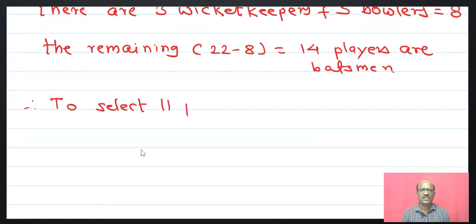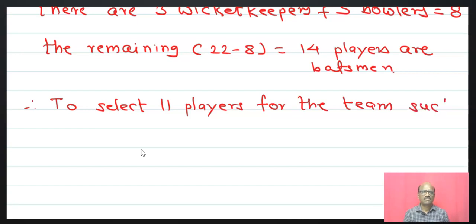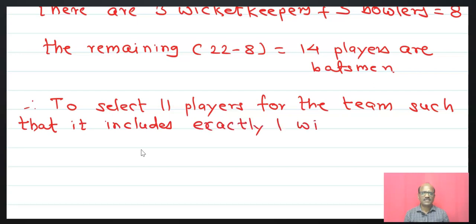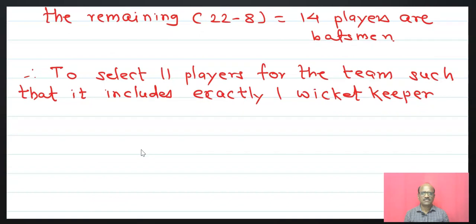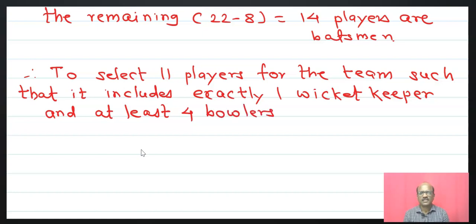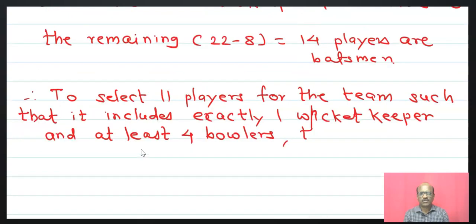Therefore, to select 11 players for the team such that it includes exactly 1 wicket keeper and at least 4 bowlers, we have only 2 choices here. In the first case we'll take 4 bowlers, and next we'll take 5 bowlers.